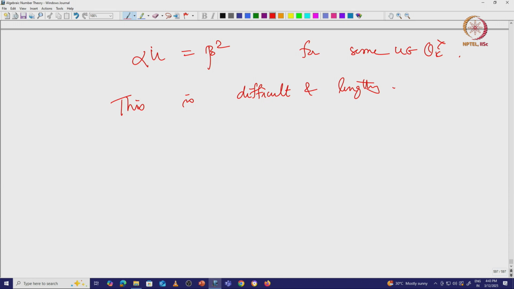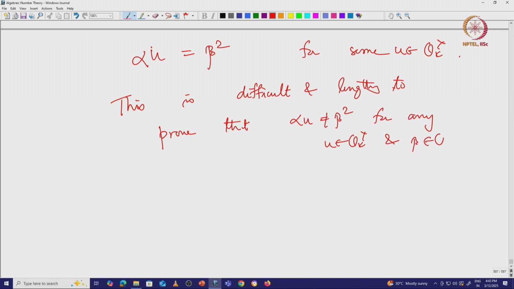But you just take this as a fact, to prove that alpha times u is not equal to beta square for any u in OK cross and beta in OK.